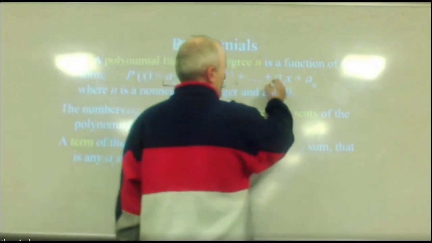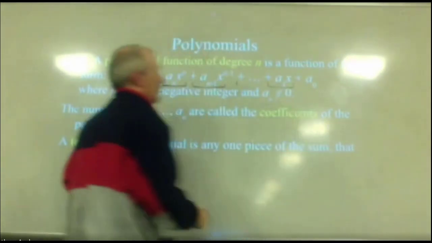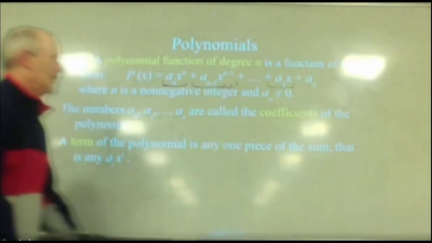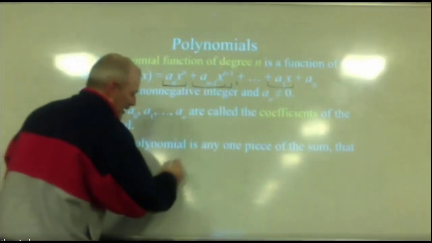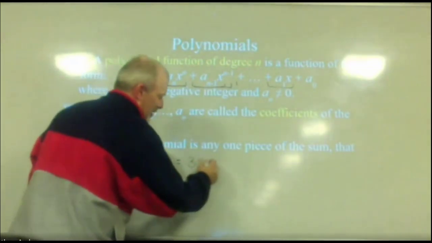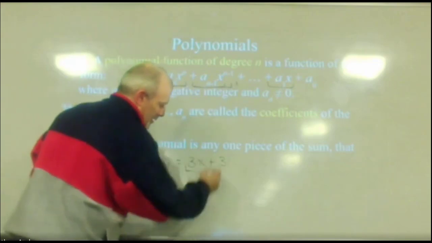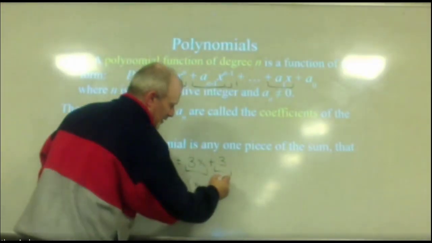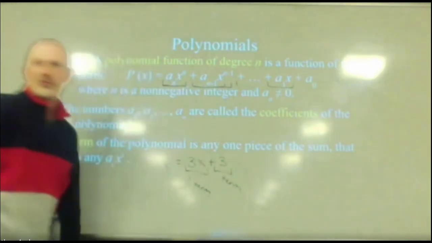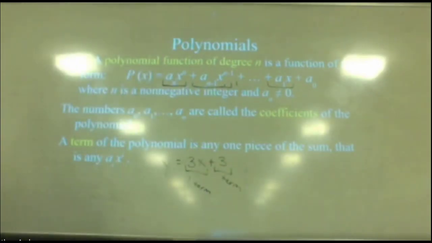This piece is another term. So when I do that example of y equals 3x plus 3, 3x is one term, and then 3 is another term. Each of those are terms. So that one has 2 terms. Okay. Every time you see a plus or a minus, you're going to have another term. So we're going to be looking at those.